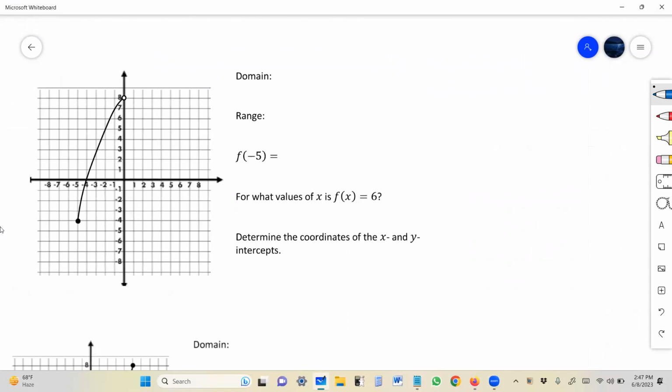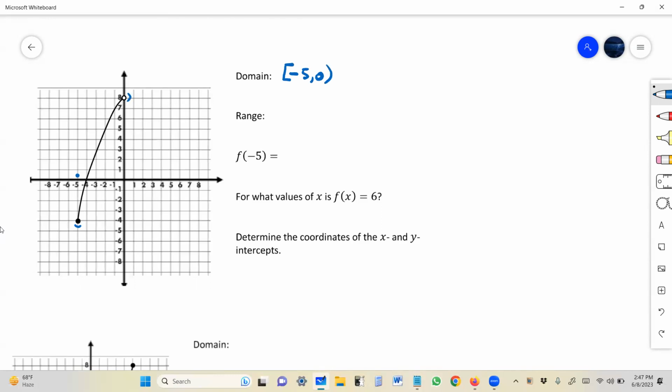So we'll find the domain of the first function, just as we did before. The domain is from the smallest x, -5, to the highest x, which is 0. On the -5, it's closed. On the 0, it's open.